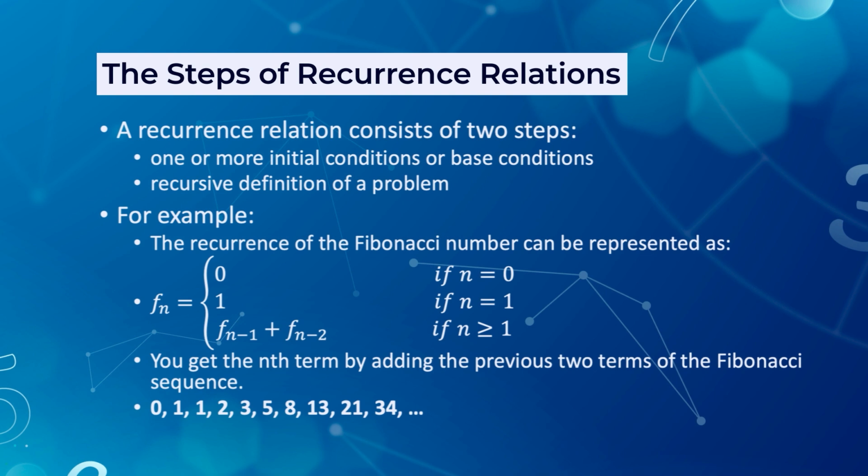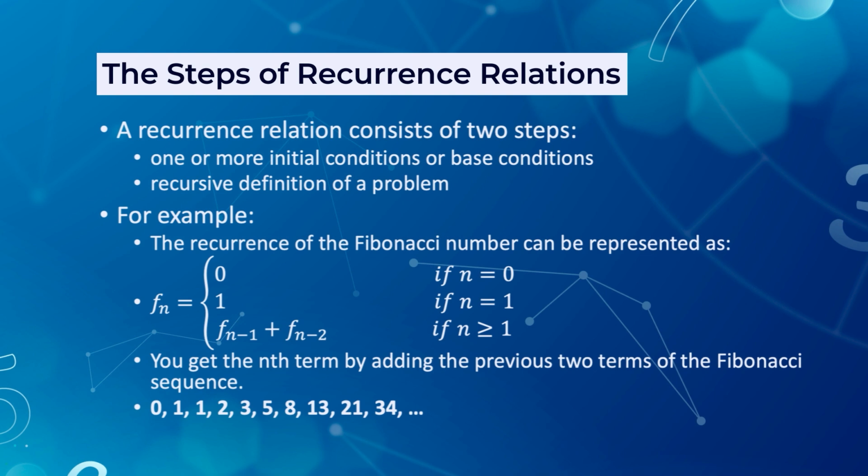It can be represented with the help of a recurrence relation as Fn equals 0 when the value of n is 0, that is, Fibonacci number 0 is 0, and Fibonacci number 1 equals 1, and thereafter any Fibonacci number is represented as Fn equals Fn minus 1 plus Fn minus 2, where n has to be greater than or equal to 2.